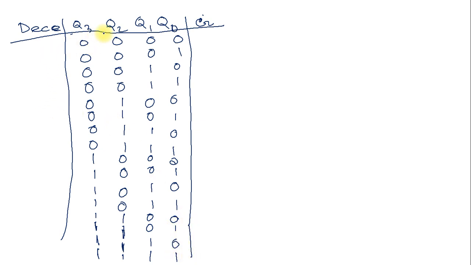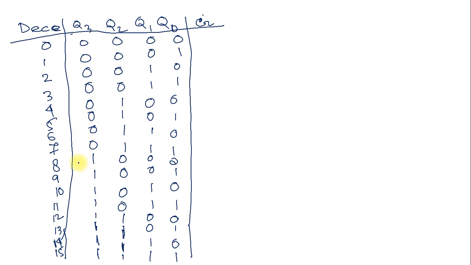Now we can write the decimal equivalent: 0, 1, 2, 3, 4, 5, 6, 7, 8, 9, 10, 11, 12, 13, 14 and 15. So this is the truth table of the mod 16 counter, basically.